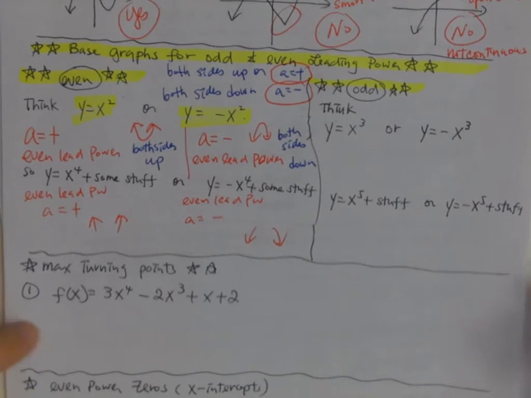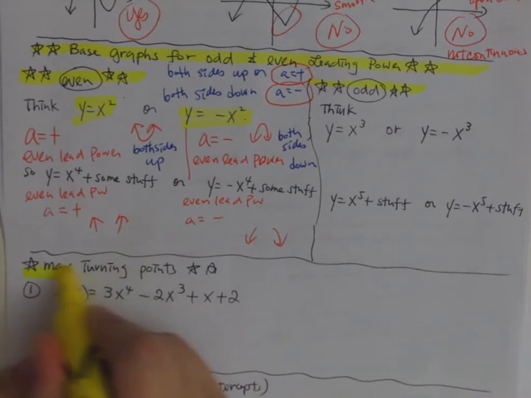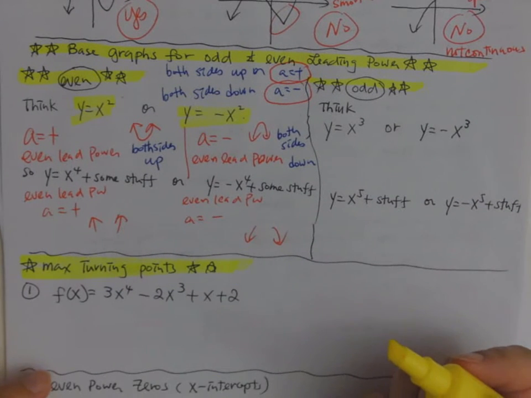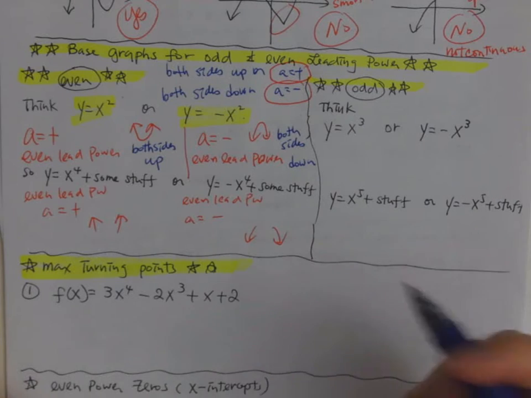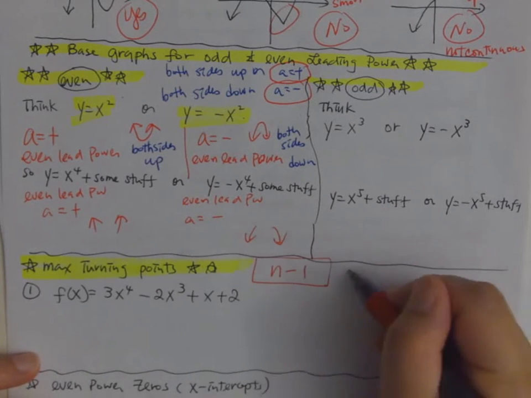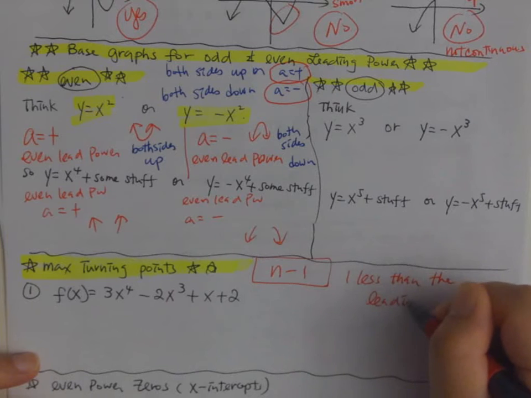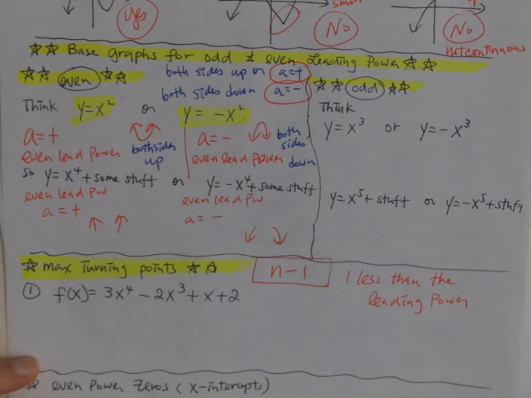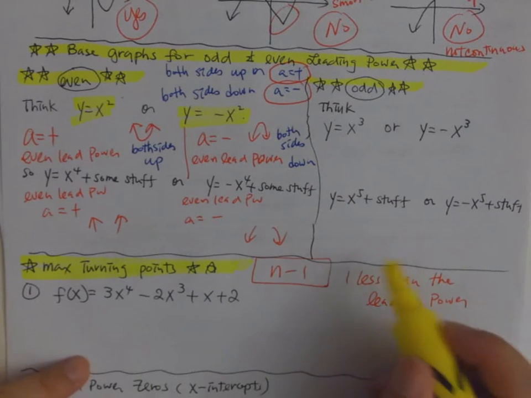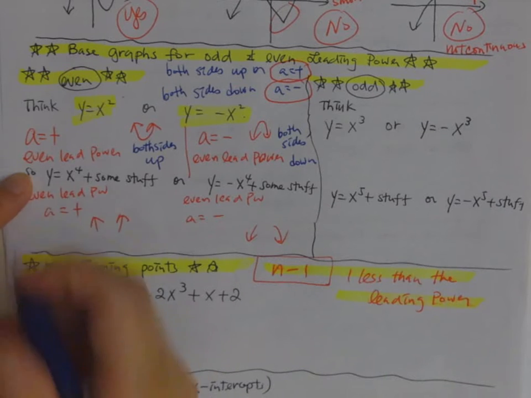So one more piece of information that you need to know to finish the shape of the graph is the maximum turning points. They call this n-1. So n-1 means it's going to be 1 less than the leading power. Looking at the one we just did, it's to the 4th power, so the leading power is 4, and the maximum turns would be 1 less than that, right?